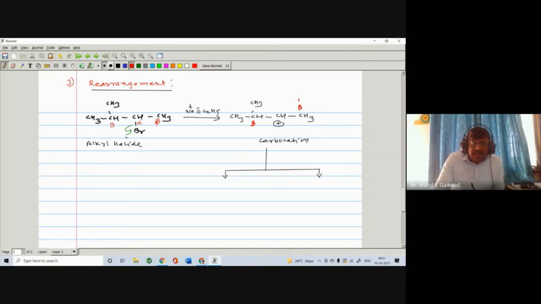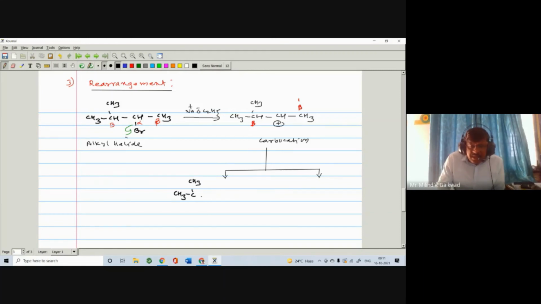So this hydrogen may undergo abstraction. You may abstract either, and you may get a compound like this one, CH3, then CH3.